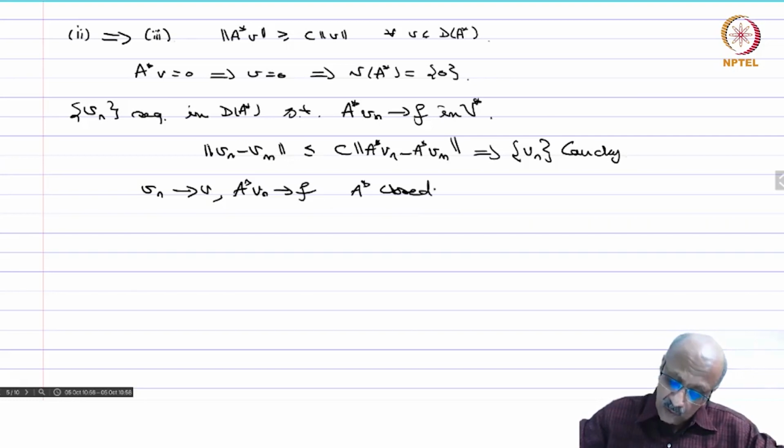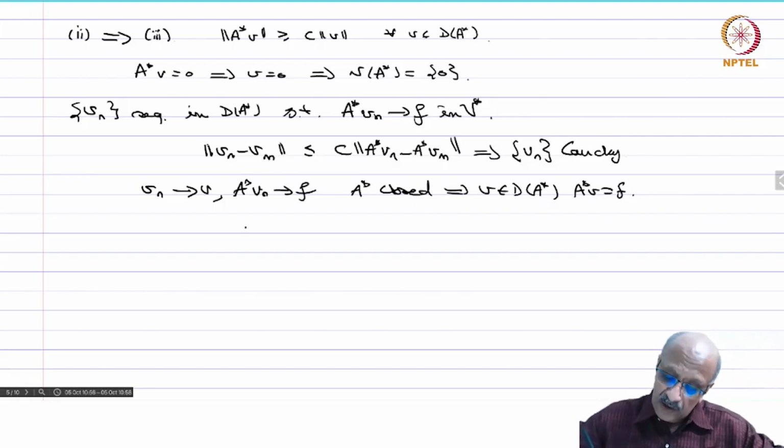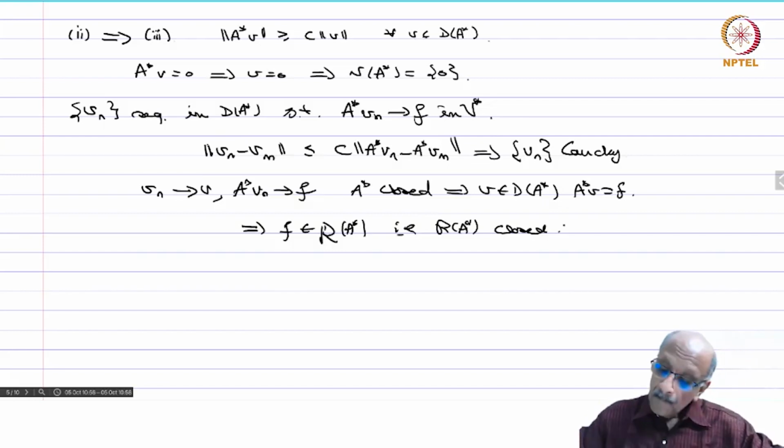This is always true, and therefore V belongs to D(A star) and A star V equals F. Therefore F belongs to the range of A star, that is, the range of A star is closed. So this proves 3 completely.